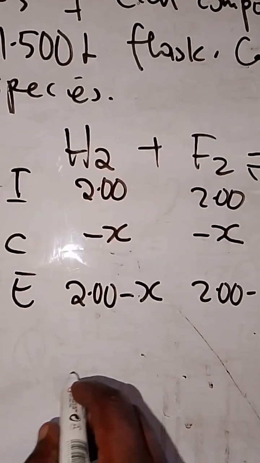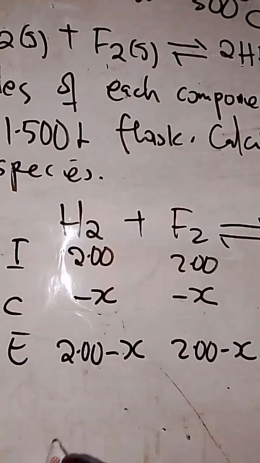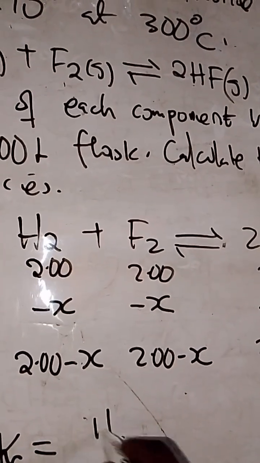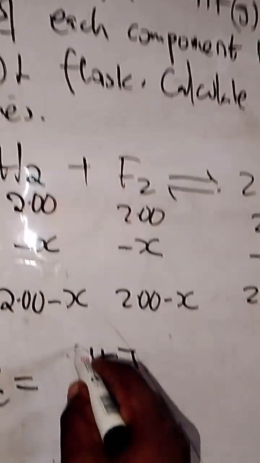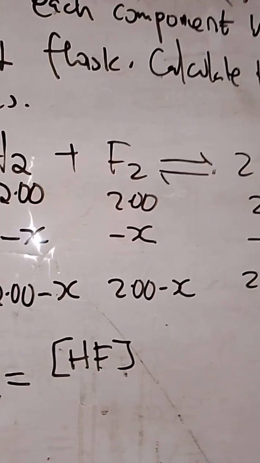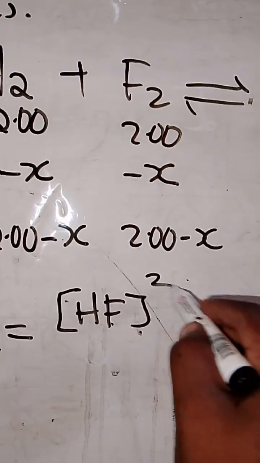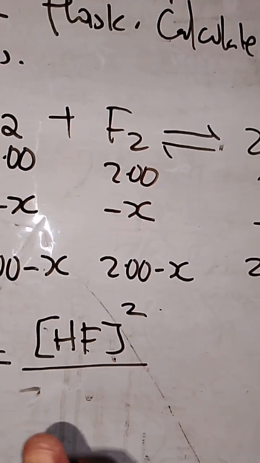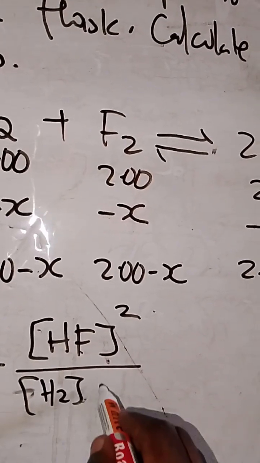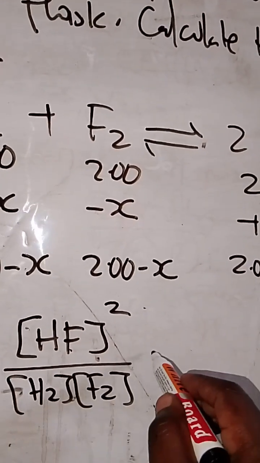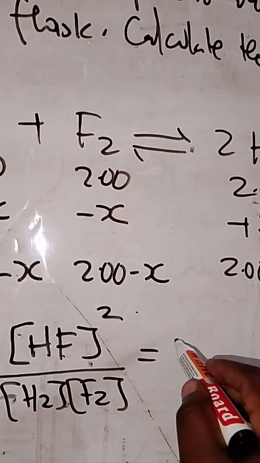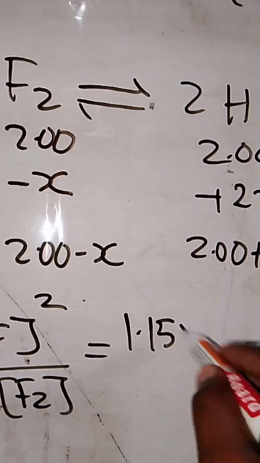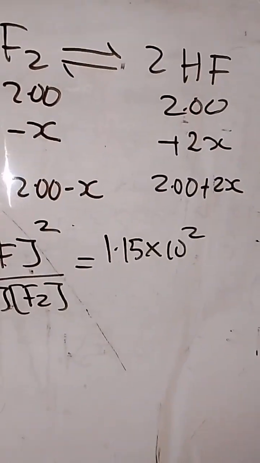So we know that Kc is given, and the expression for Kc is hydrogen fluoride squared over hydrogen times fluorine, which is equal to 1.15 times 10 to the power 2.